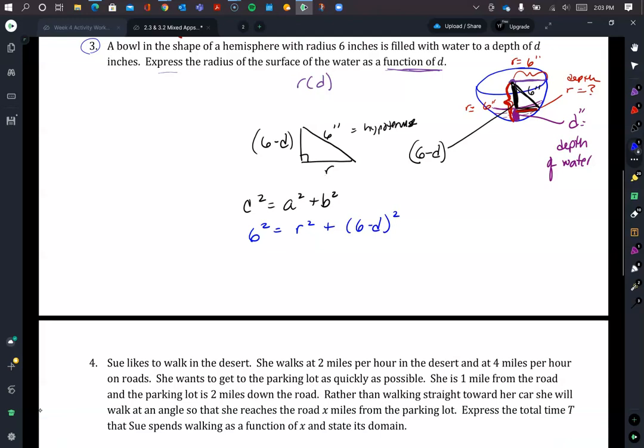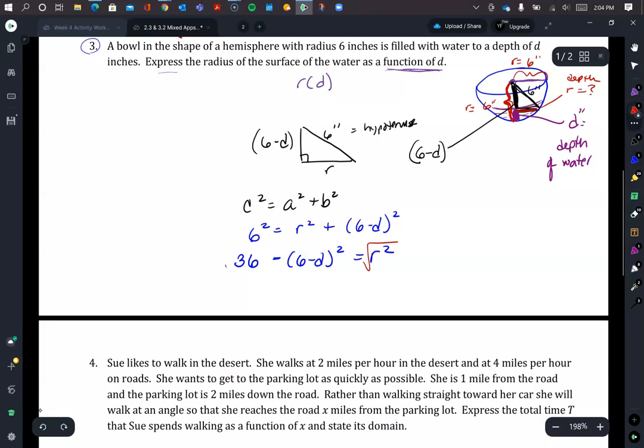And now we just need to solve for r using algebra, and we're going to take the principal root when we do the plus or minus. So I'm going to subtract my (6 minus d) squared from both sides. Then I would end up having 36 minus (6 minus d) squared equals r squared. Then I would want to take the square root of both sides, plus or minus, but I really only want the positive because it's a length.